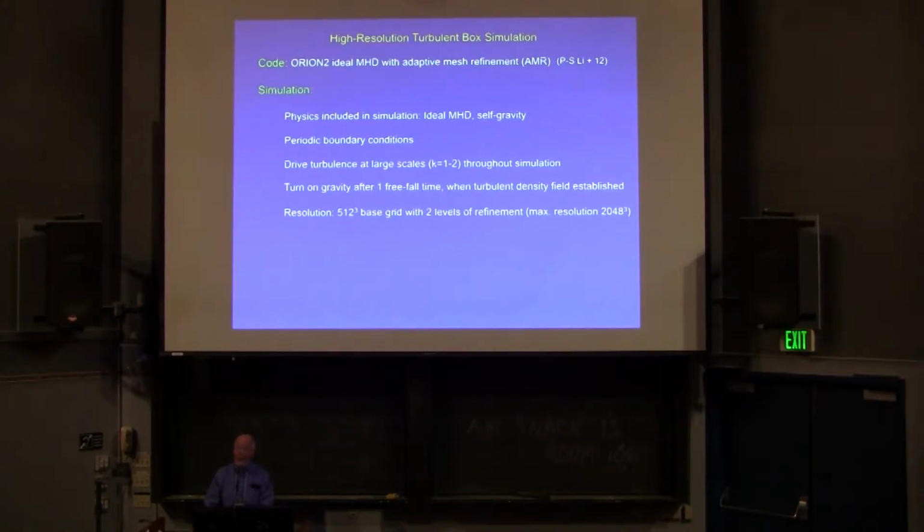We turn on the gravity after one freefall time. So in other words, what we want to do is to build up a self-consistent turbulent density structure before we allow gravity to operate. And this is actually a very profound difference in the community. There are half the people like us who go ahead and set up the density structure and then turn on gravity, and half who don't, and it has a huge impact on what you find.